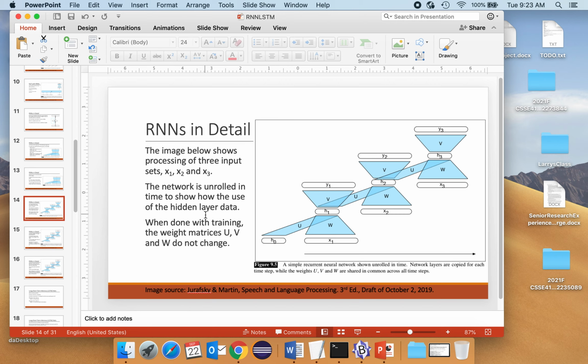To lead up a little bit to the training aspect, we unroll this network in time. So we have input x1 that is being presented. We process the information, produce output at the hidden layer, and output at the output layer. Then next time around, we present a different input, x2.